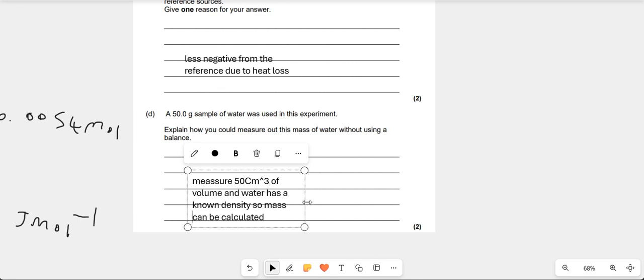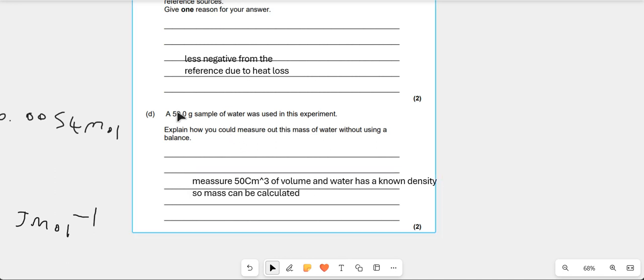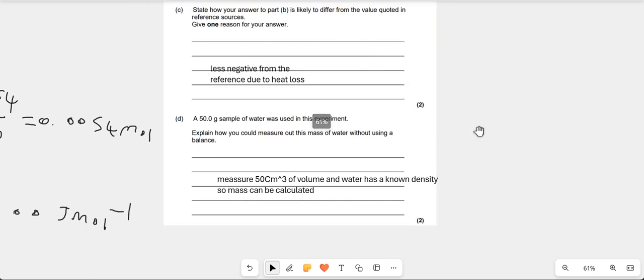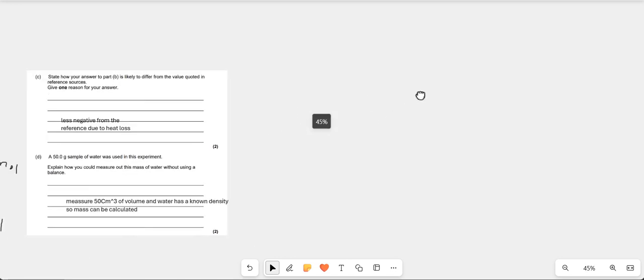Water has a known density of 1, so 50 centimeters cubed of water would just be 50 grams. That's how you'd find 50 grams without using a balance, because you can't measure 50 grams of water directly. You find the volume and then change it into grams. That's it, easy.